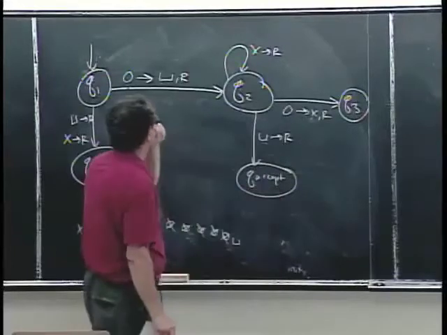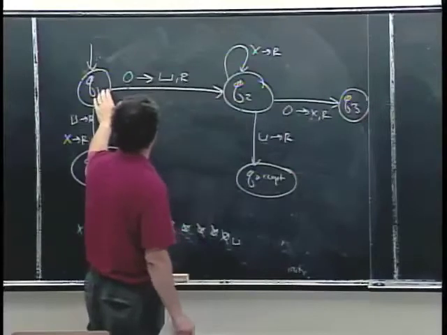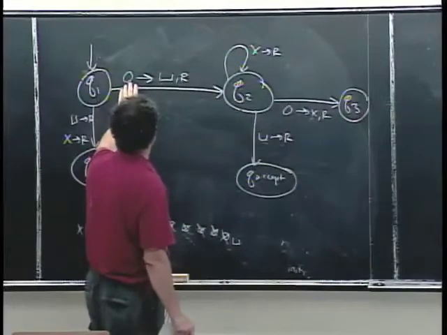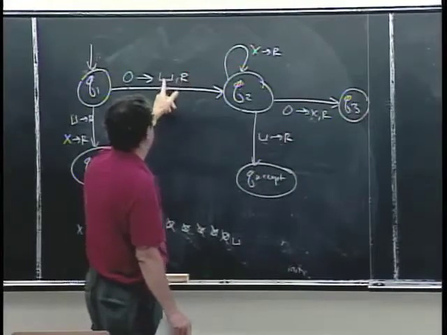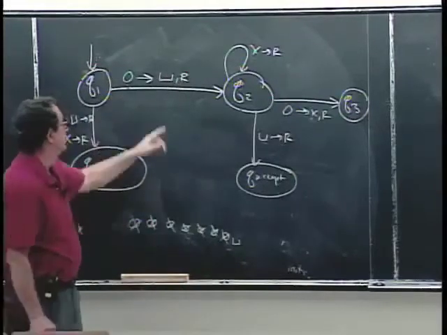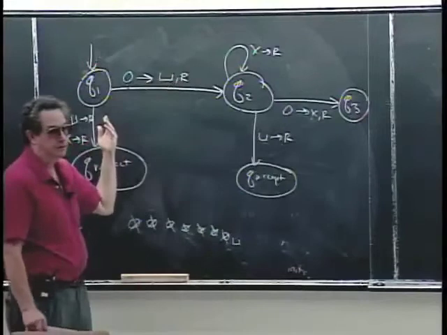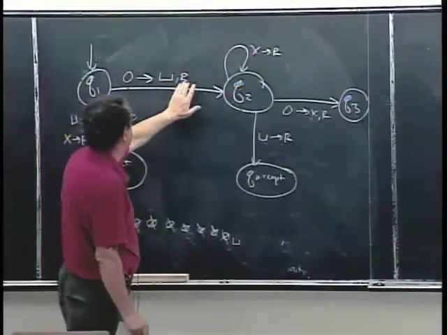Okay? So if you think about the initial computation from here, you're saying here's a zero, you're turning it into a blank. That's so we can detect when we're on the left end, by the way. We don't use an X in that case, we just use a blank. And then you go right.